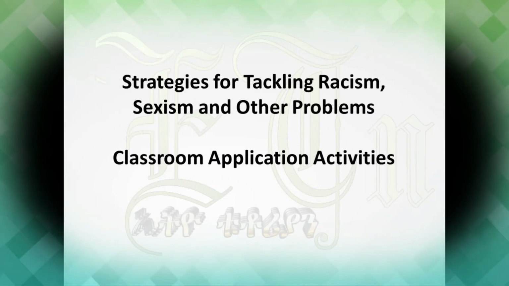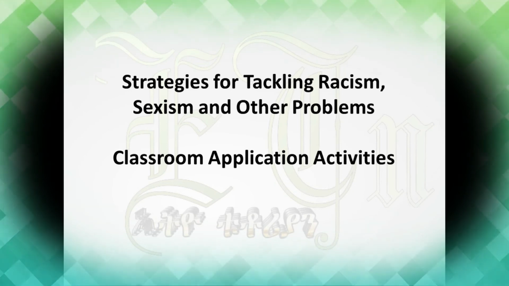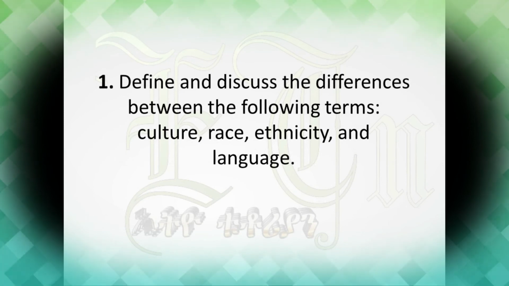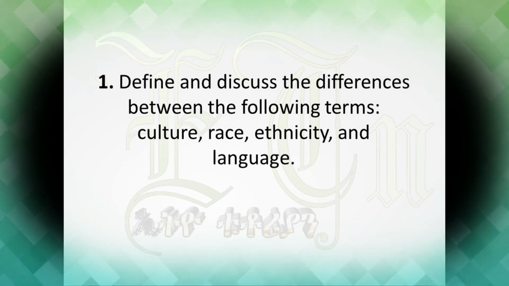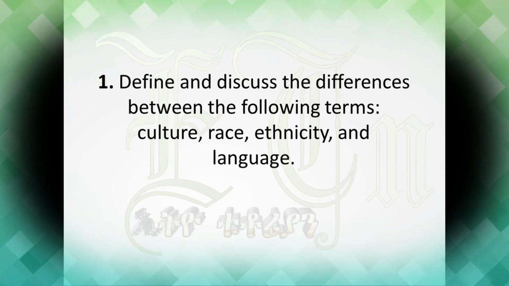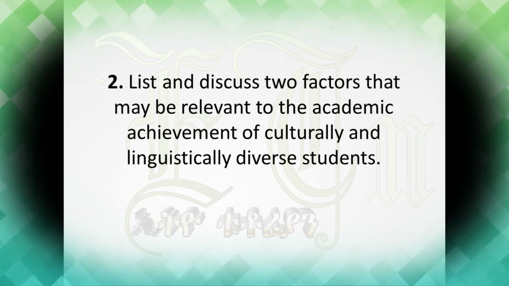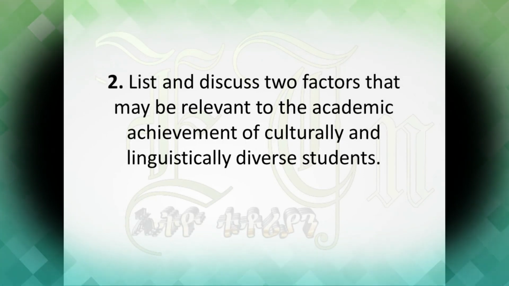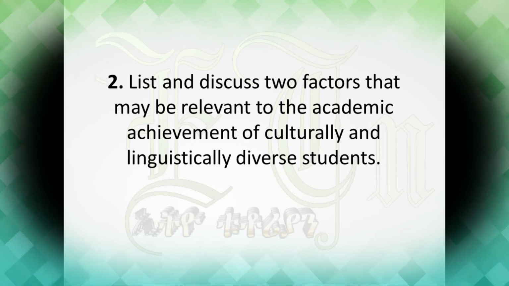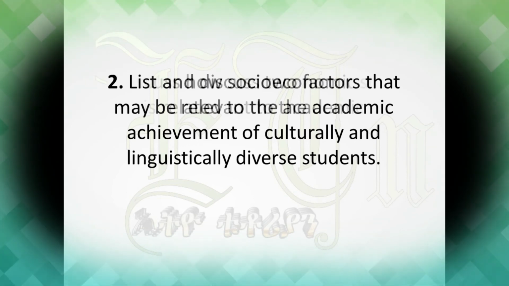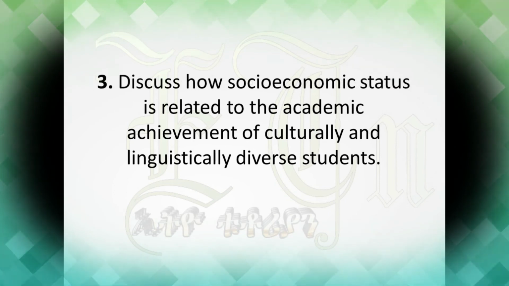Strategies for tackling racism, sexism and other problems. Classroom application activities. 1. Define and discuss the differences between the following terms: culture, race, ethnicity, and language. 2. List and discuss 2 factors that may be relevant to the academic achievement of culturally and linguistically diverse students. 3.